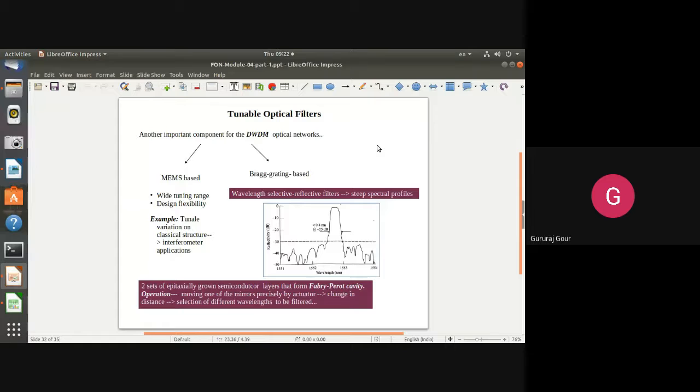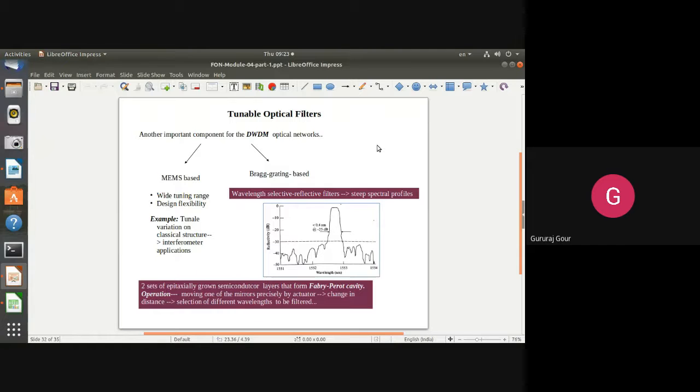Both have found wide applications. Whereas Bragg grating-based tunable optical filters act as bandpass filters, which are very selective in choosing particular or specific wavelengths.